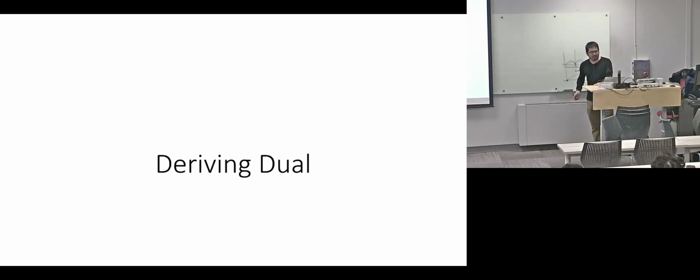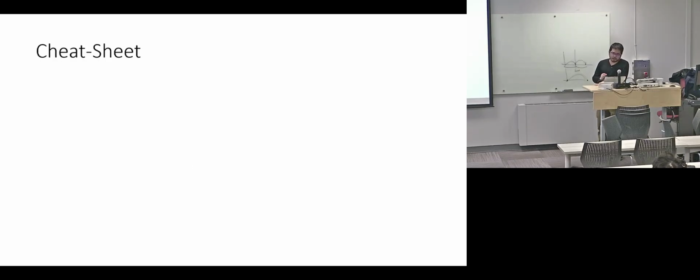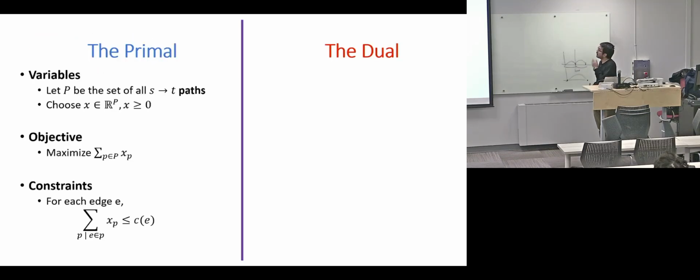Okay, but let's try to derive the dual. I suggest you look at the cheat sheet, but we're going to do it together today. So the primal is this. You maximize this with this capacity.